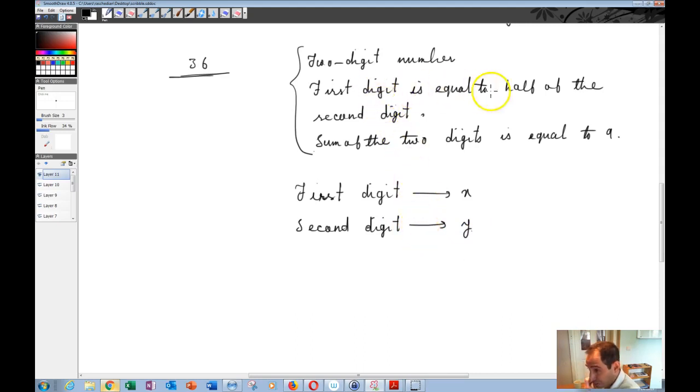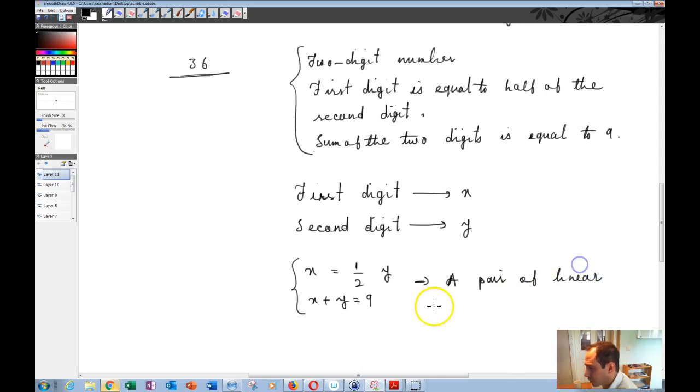The first digit x is equal to half of the second digit y, and the sum of the two digits is equal to 9, that means x plus y is equal to 9. And now you have a pair of linear equations in two variables.